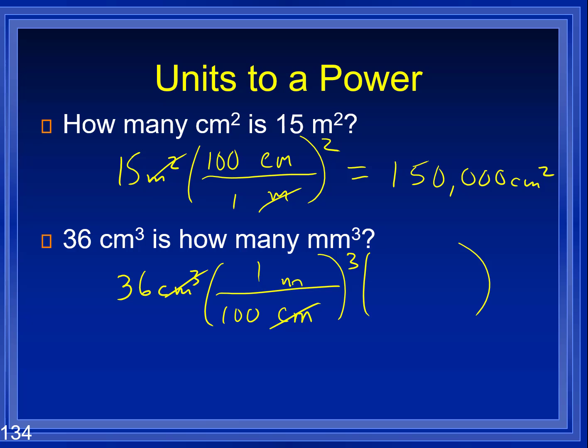Now, what unit do I want to get rid of? I already got rid of centimeters. Meters. It's the only unit that's left. It's got to go on the bottom. What can I turn meters into? Millimeters, so millimeters goes on top. Which is bigger? Meters, so the meters gets the 1, the milli gets the 1,000. But since this one was cubed, this one has to be cubed too.